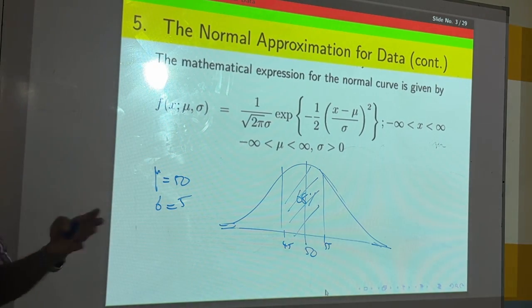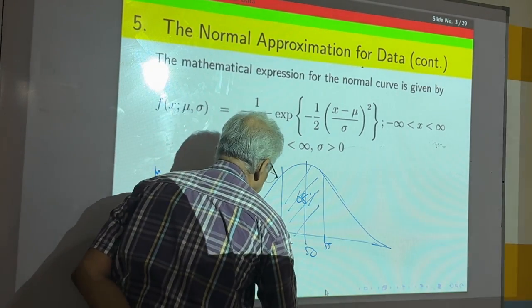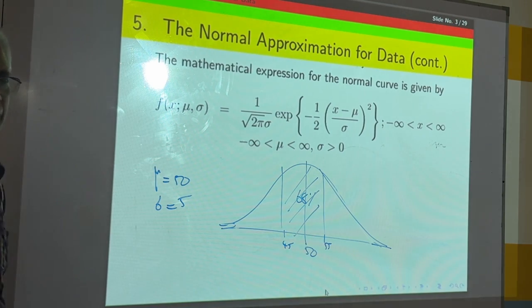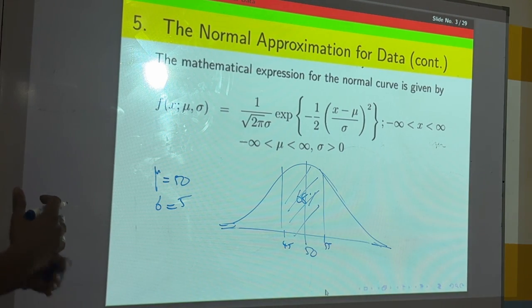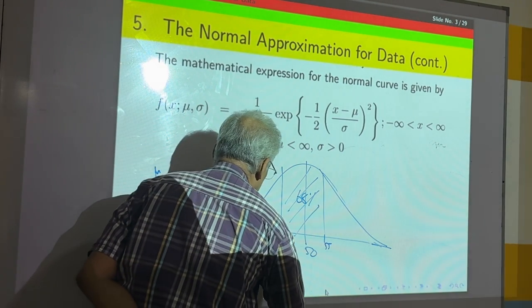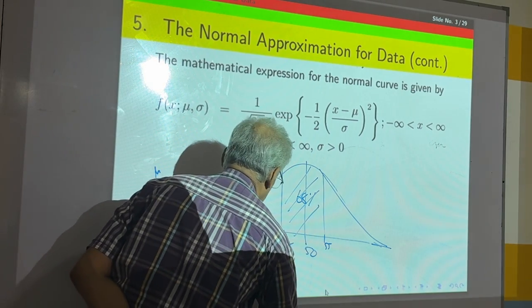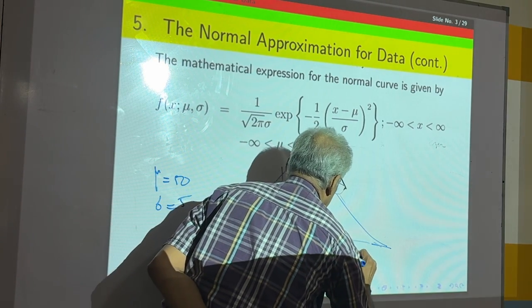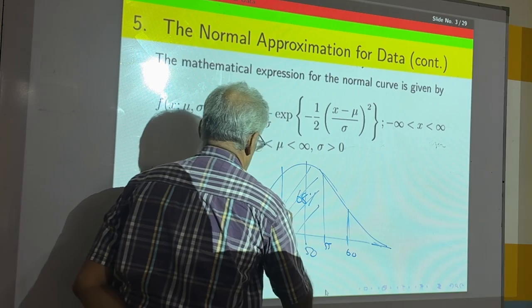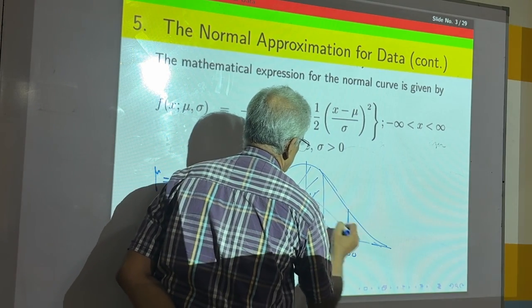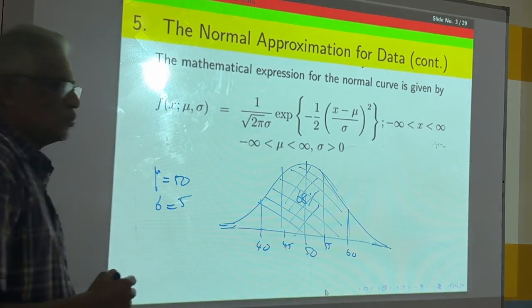Within 2 standard deviations from the center, 40 here and 60 here, 95% of the area will be within those two.